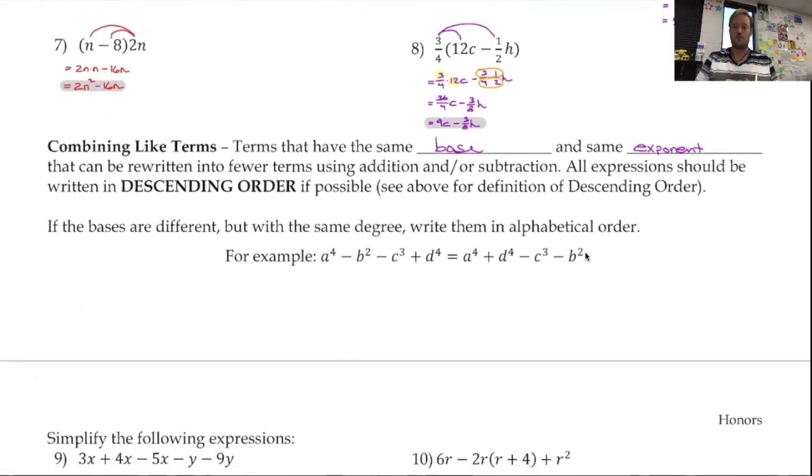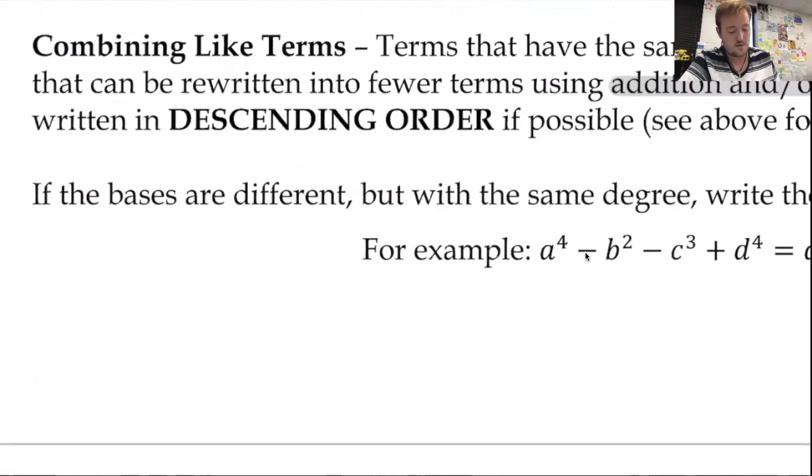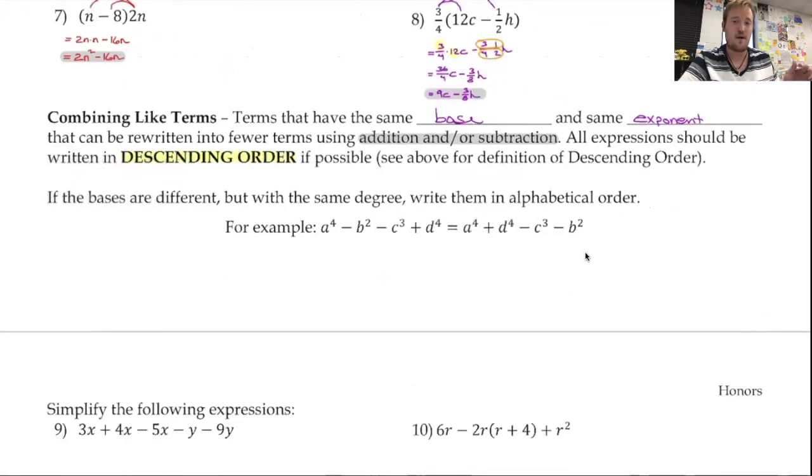So this can be rewritten into fewer terms using addition and or subtraction. So this is what we're really going to be focusing on here, addition and subtraction. So all of these values, when we're combining like terms, should be written in what we call descending order. So descending order is when we're looking at our values and we want to write it from the highest to the lowest.